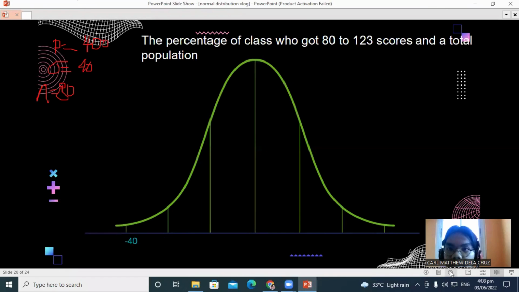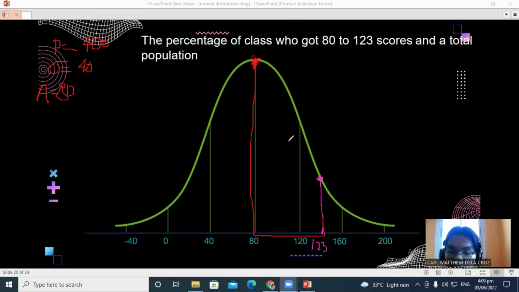Percentage of class who got 80 to 120. Same problem as earlier. So we need to locate the following lines. So now that I marked the following, we need to calculate. At 80 there is 34%, and this is 13.5%.